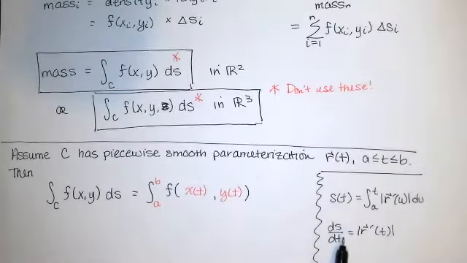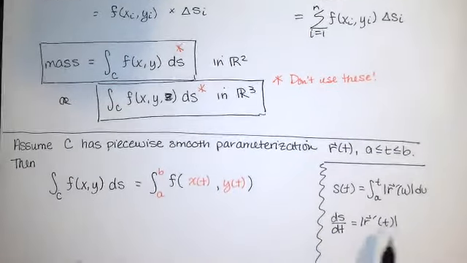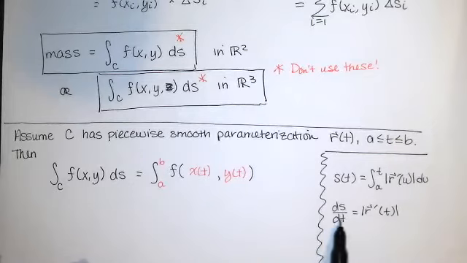Actually, this makes a lot of sense. This is instantaneous change in distance per unit time as magnitude of velocity, which is speed. Yeah, change in distance per unit time should be speed. That makes sense if t is a time parameter.